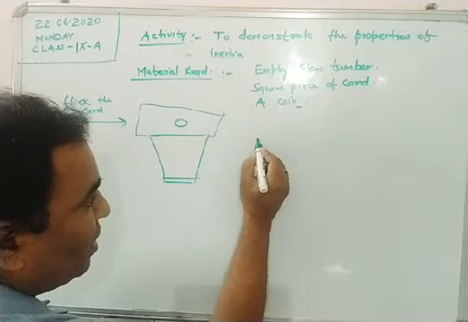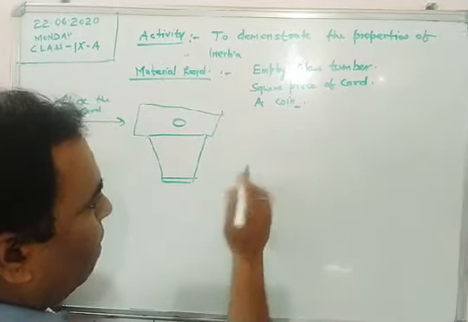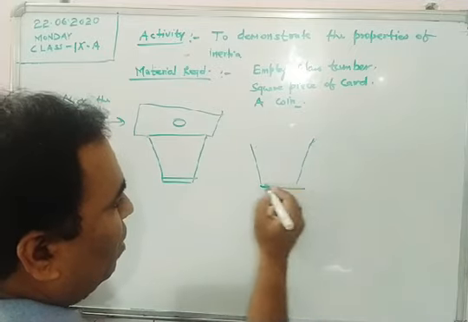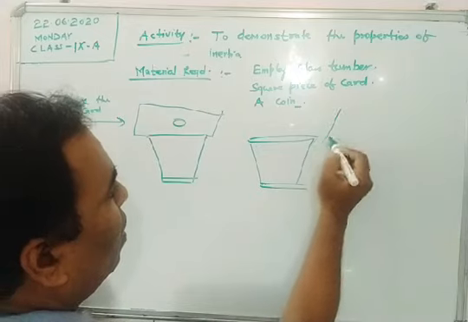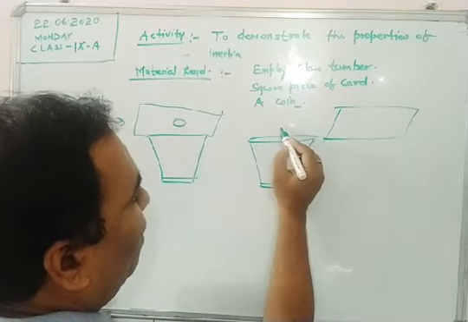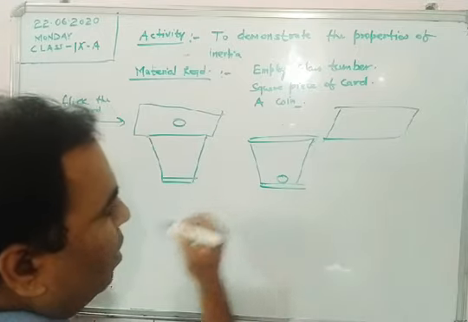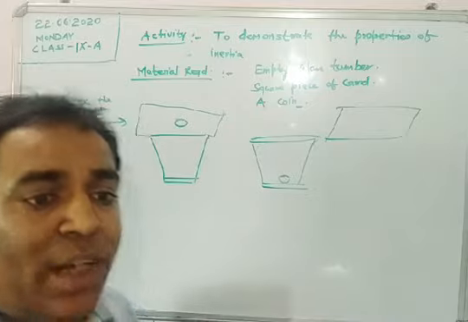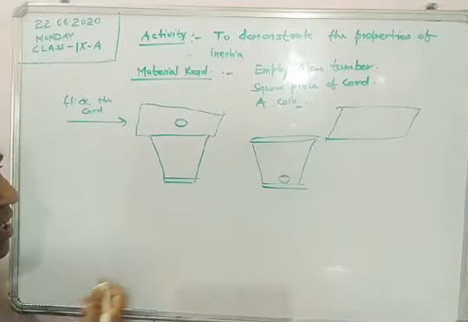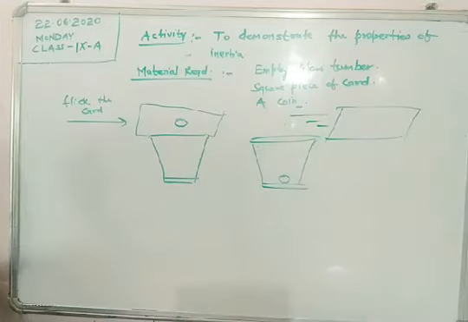Resultantly, after some time, this card will fly and this coin will be found here inside the glass tumbler. Why? What is the explanation that we can give here? This card has just flown away.